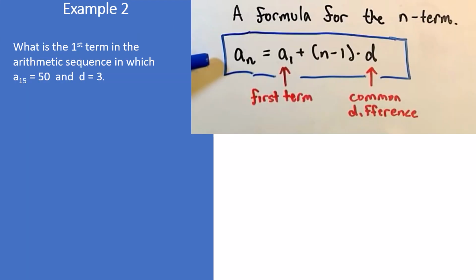Let's look at another example. We're going to use the same formula, but this time we're looking for the first term. We don't have the first term. We have the 15th term, and we have the difference. Okay, so A sub n, we have the 15th term. N is equal to 15.